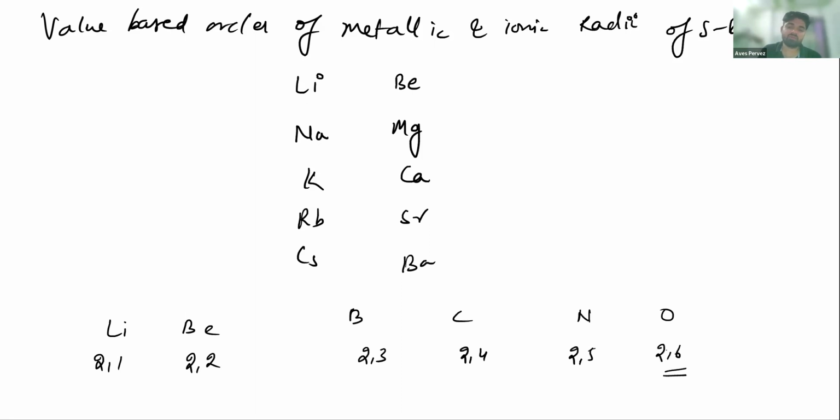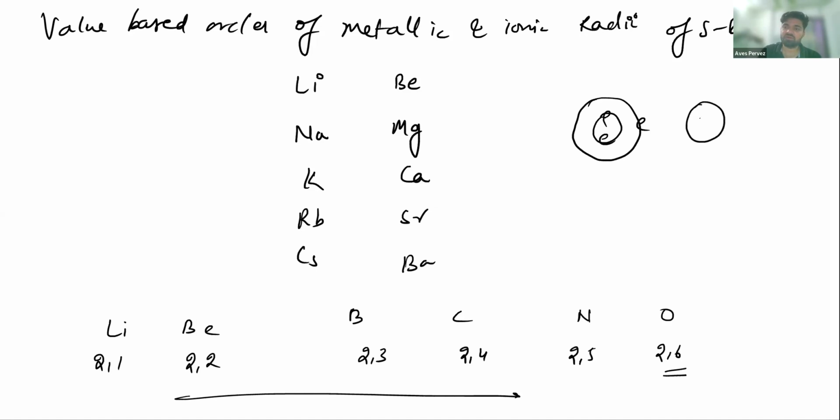Here there are 8 protons and 8 electrons attracting, here 7 protons and 7 electrons, here 6 protons and 6 electrons. So as we move from left to right, the number of electrons and protons increases, and due to the increase in charges, the size of the atom keeps decreasing.